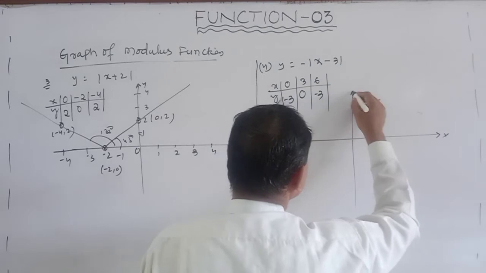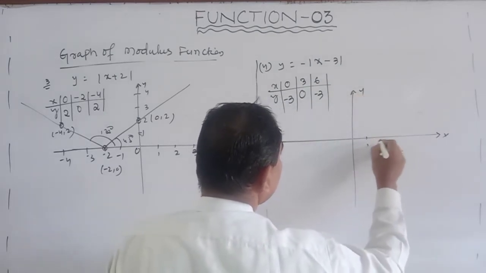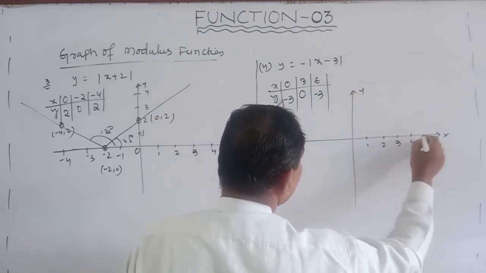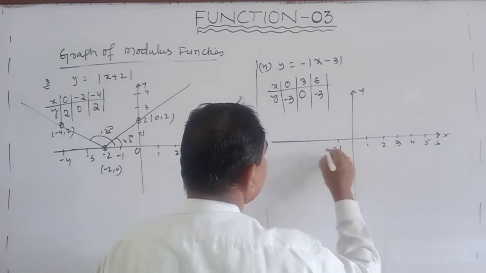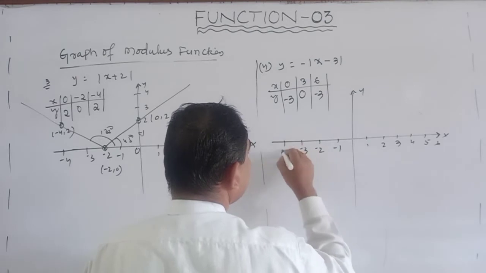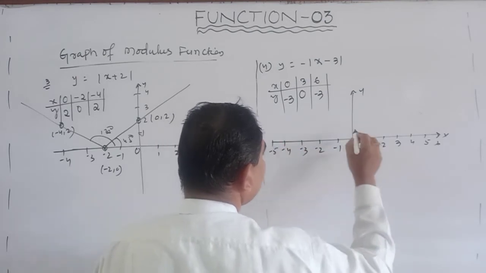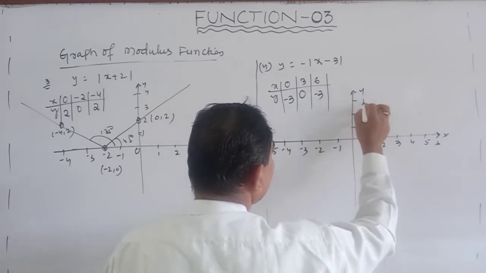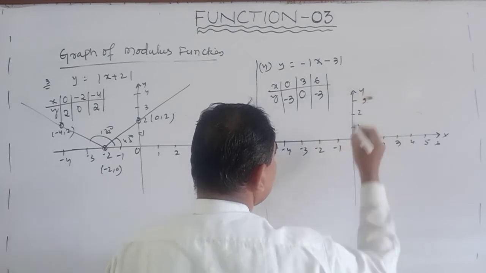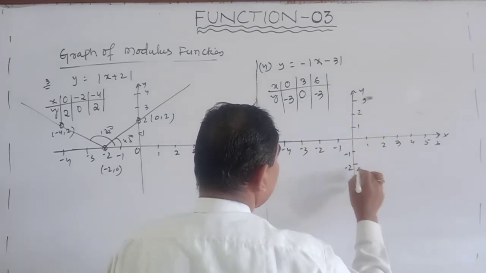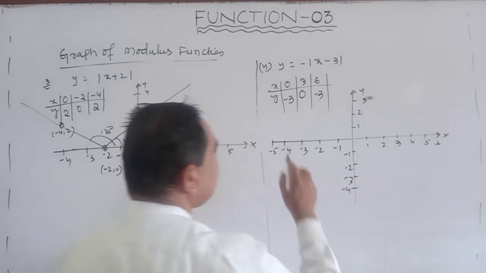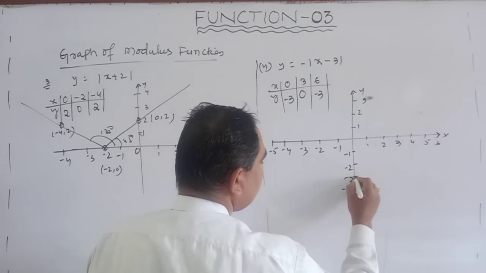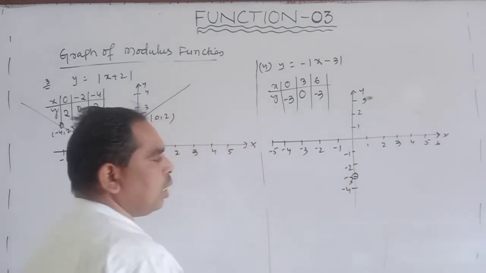x, y, 1 2 3 4 5 6, this is minus 1 minus 2 minus 3. x is equal to 0, y is equal to minus 3.